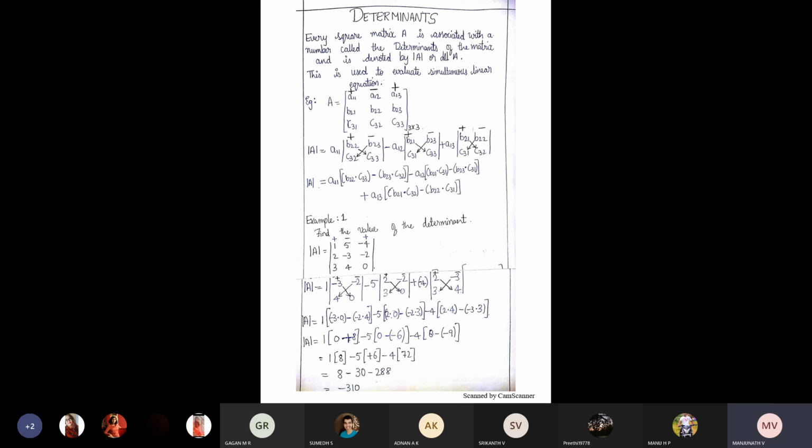Now go to the second step here. Determinant is always represented with the modulus symbol. It is like this: the determinant of A is equal to |A|.